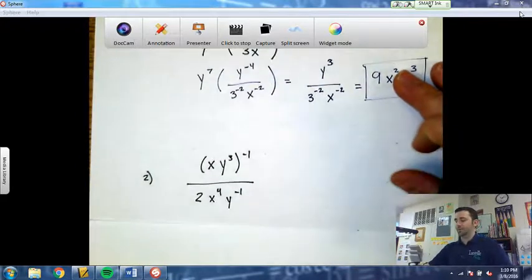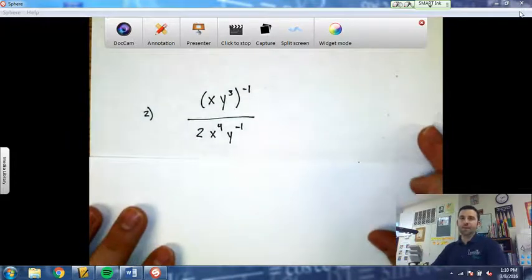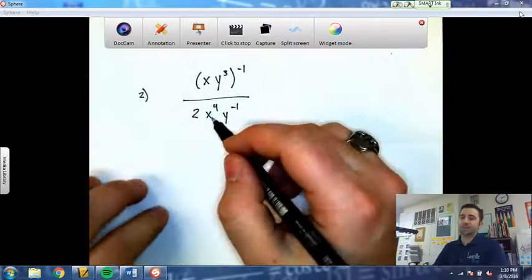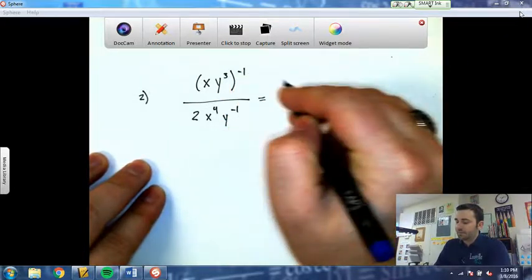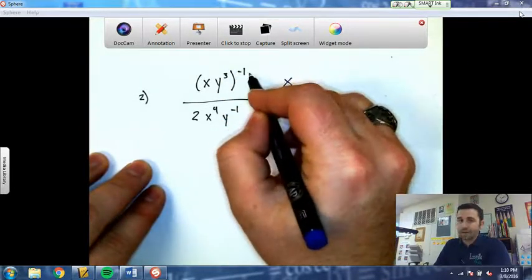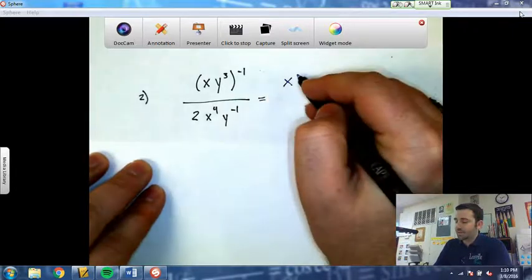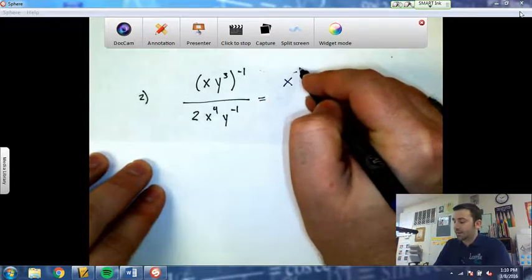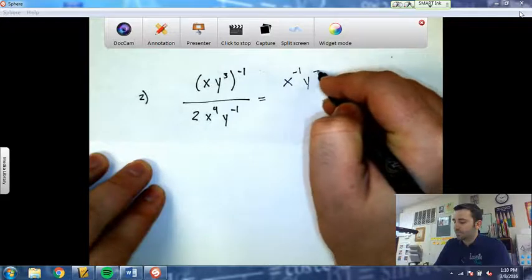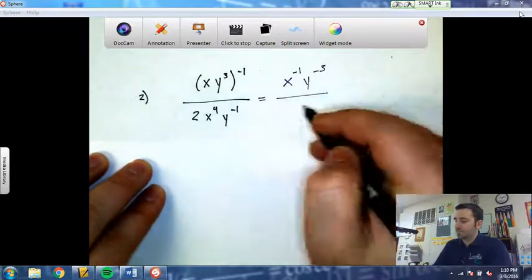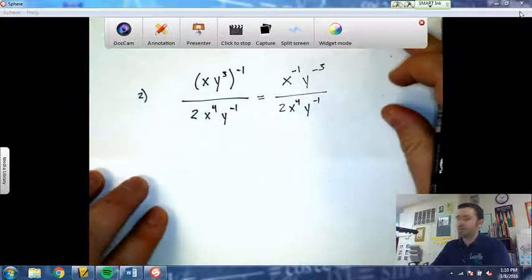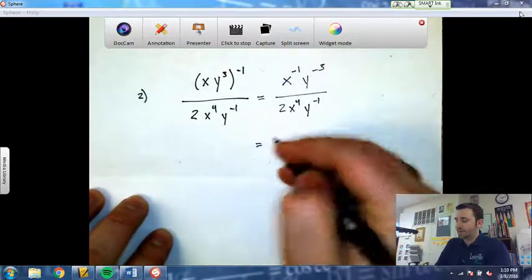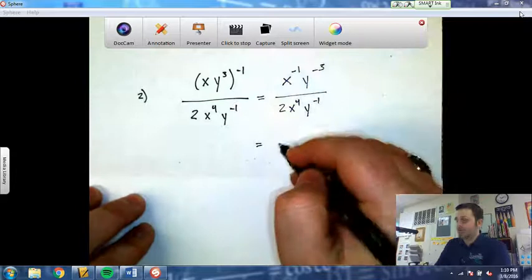The next example is, again, I'm going to look at what's in the parentheses. Can I simplify? I can't. However, I can bring this negative 1 to both of the bases, x and y. And then using the quotient property, I can subtract these exponents.